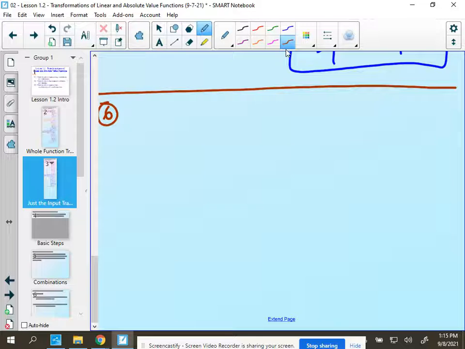And, not to, hey, this probably ends up being one of the tougher ones just because there's the most to consider. What haven't we done yet? We've translated up and down, left and right. We've reflected over the x-axis. We've reflected over the y-axis. Just got it done. We've stretched and shrunk vertically. The last one is we could stretch or shrink horizontally.